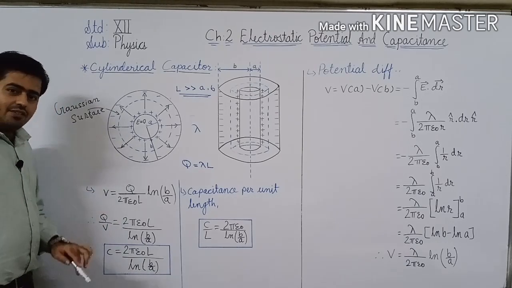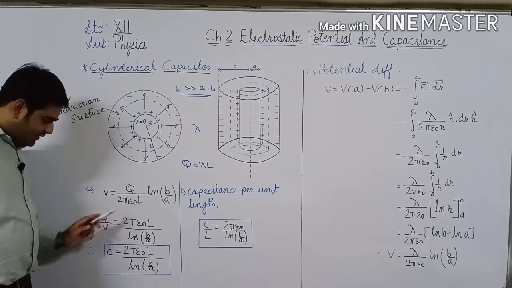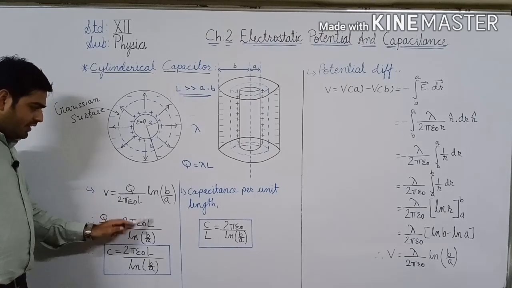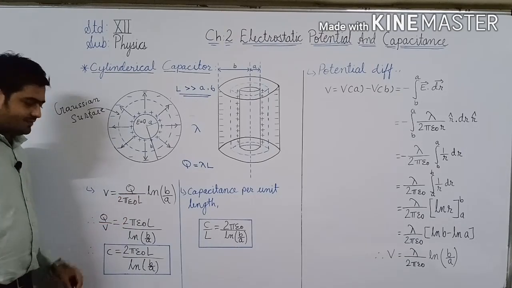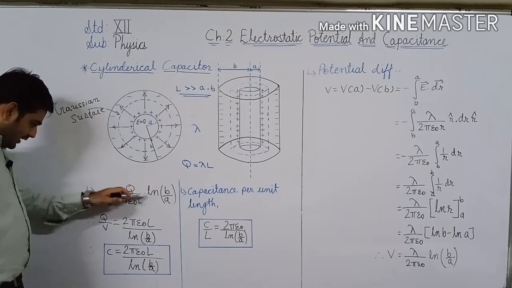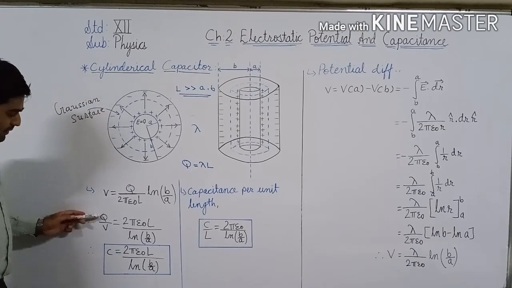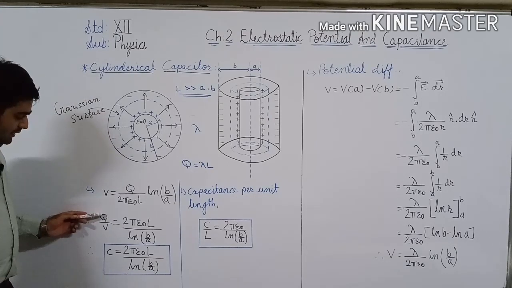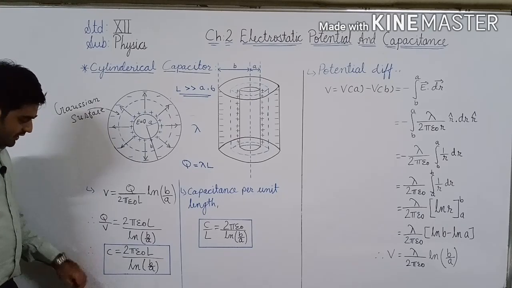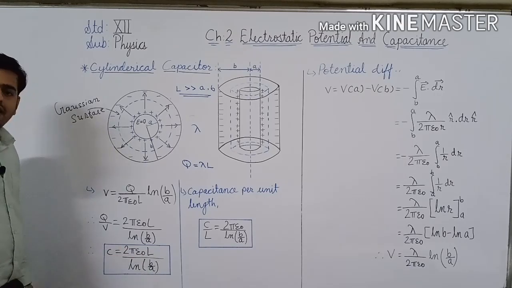Now capacitance C is equal to Q by V. So Q by V is equal to 2 pi epsilon naught L upon ln b by a. But what is Q by V? Charge upon potential difference, that is nothing but capacitance. Therefore C is equal to 2 pi epsilon naught L upon ln b by a.